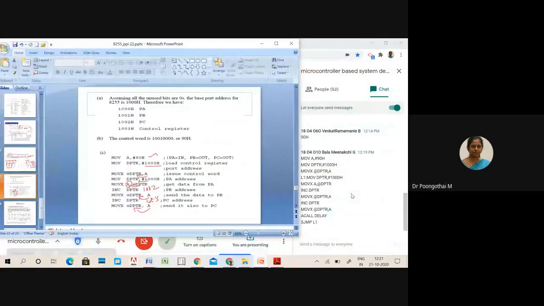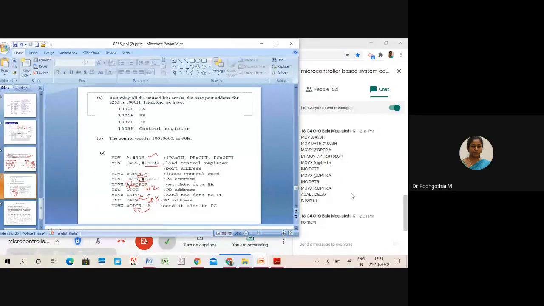Students, is that clear? Any doubts? This problem is very important in your unit 3.